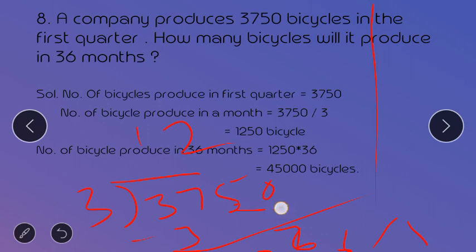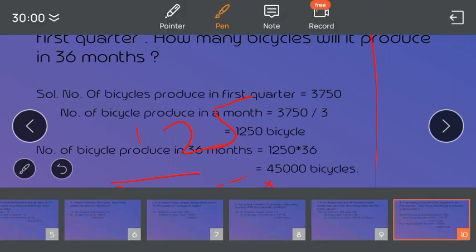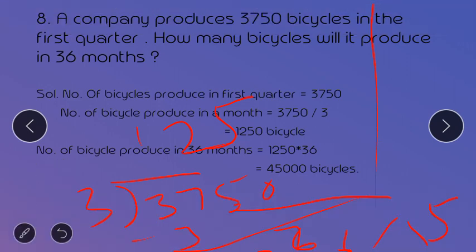Then note down the next number below, 15. 3 fives are 15. 15 minus 15 is 0, and you will get the number 1250. Instead of the bar I have put here, you can put the division sign also. Children, this bar means divide only. Clear? Then you will get 1250 bicycles.